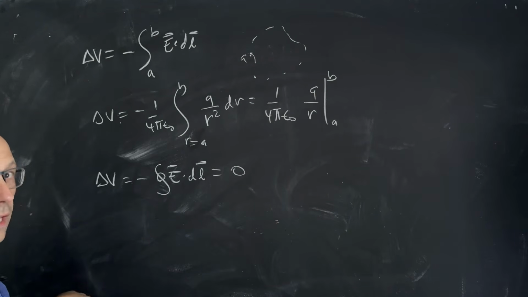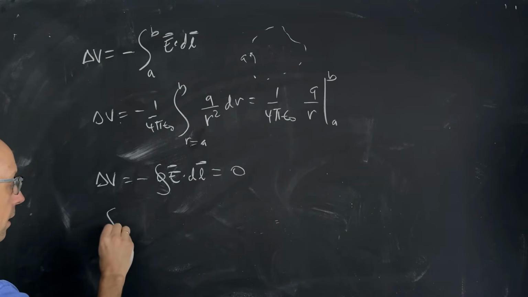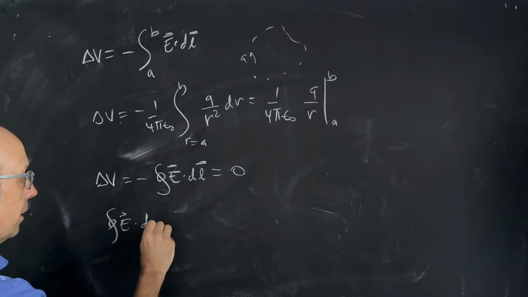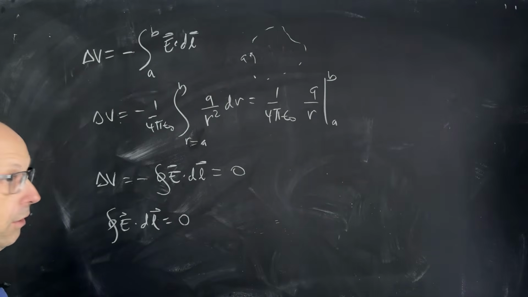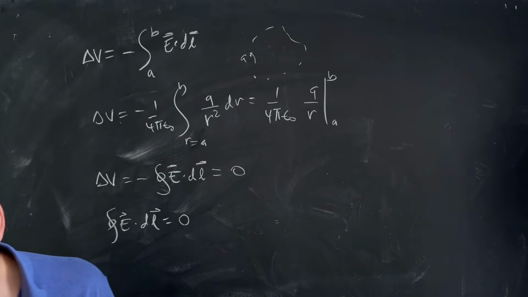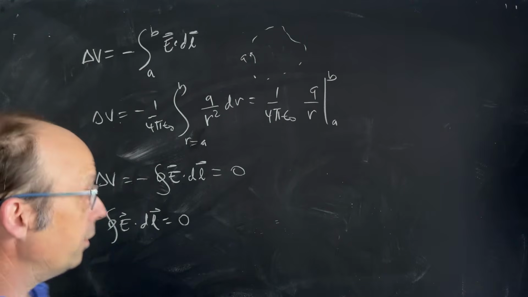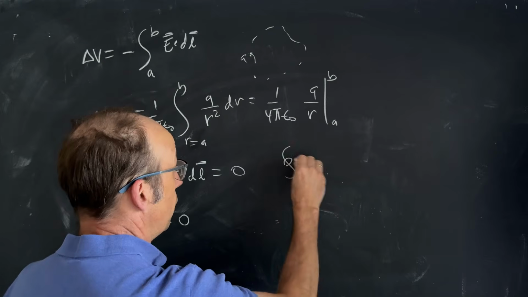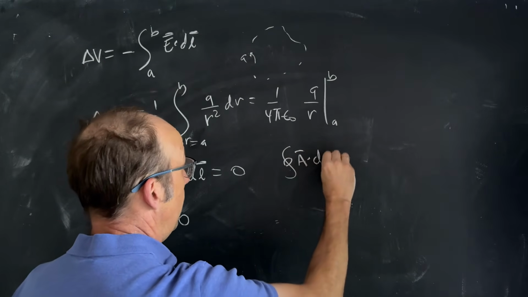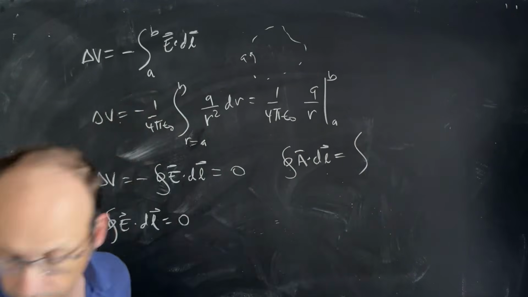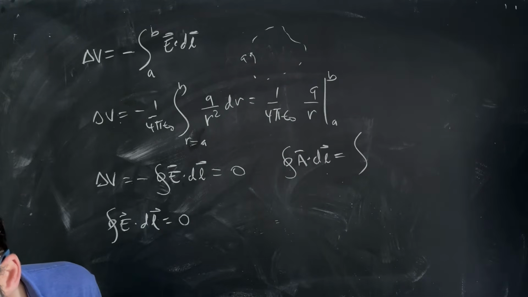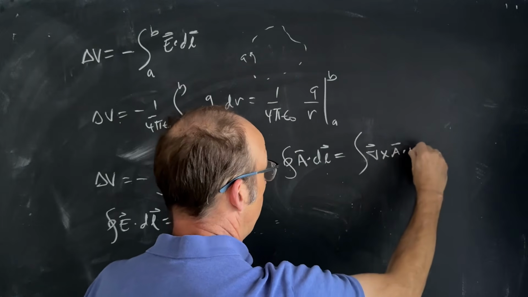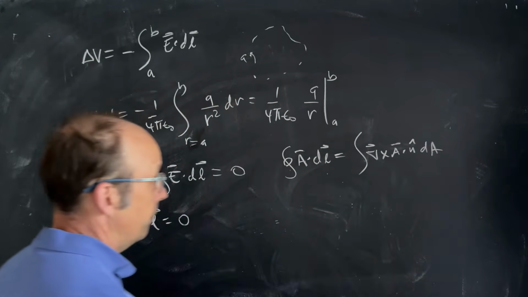This is an important thing for electric fields, which is not always true, as we're going to find out later. It's a conservative field: E dot dl around a closed path is equal to 0. We can use this along with Stokes' theorem. Stokes' theorem says that the integral around a closed path of A dot dl is equal to the integral of del cross A dot n hat dA over a surface.